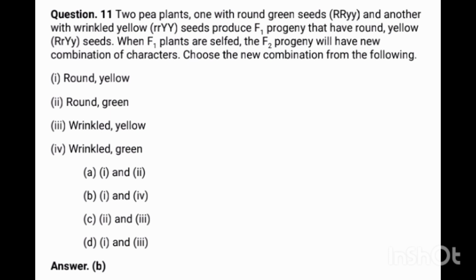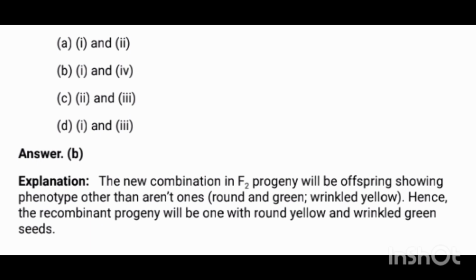Choose the new combination from the following. Answer. B. Round, yellow. Wrinkled, green. Explanation. The new combination in F2 progeny will be offspring showing phenotype other than parental ones, round green and wrinkled yellow. Hence, the recombinant progeny will be one with round yellow and wrinkled green seeds.